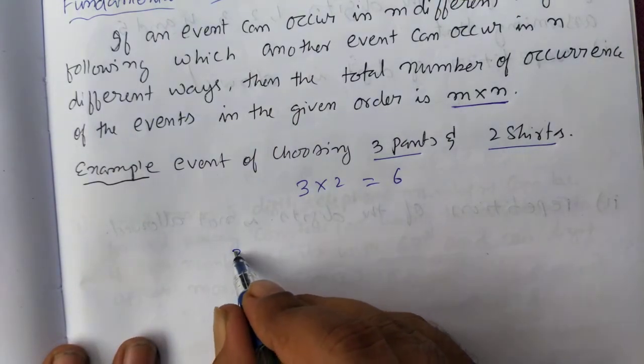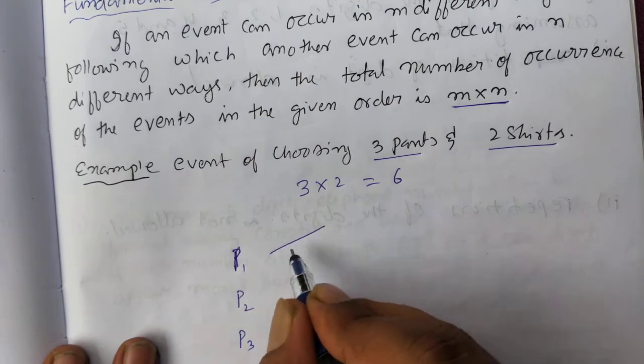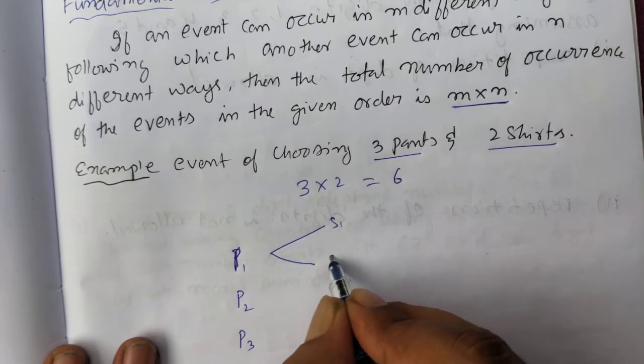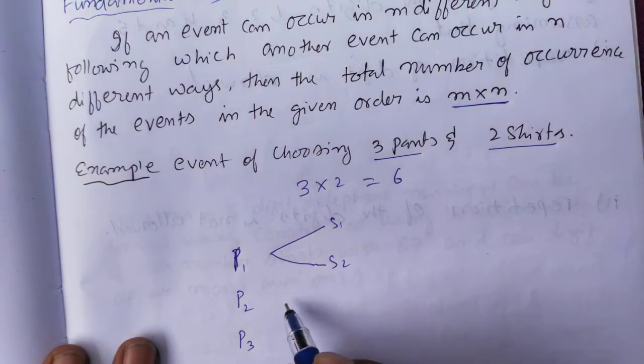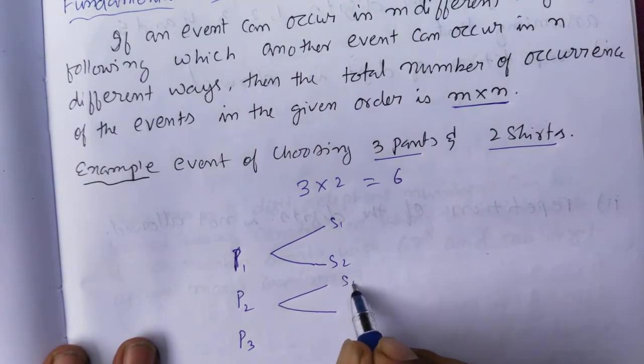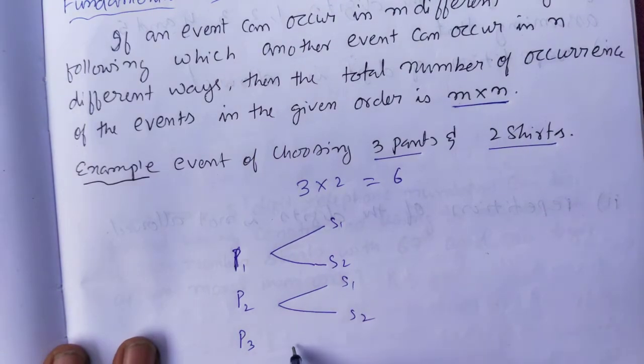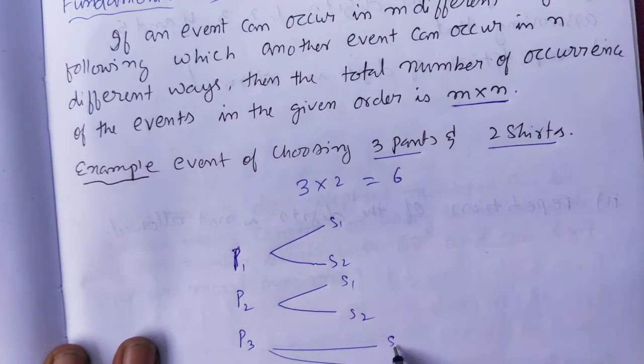Suppose with pen 1 you can put both the shirts, S1 and S2. With pen 2 also you can put both shirts S1 and S2. With pen 3 also you can put both shirts S1 and S2.